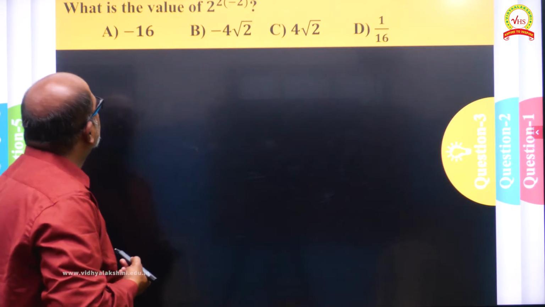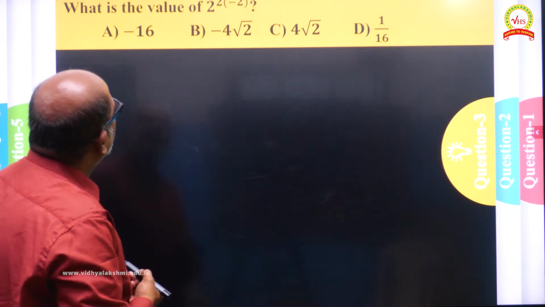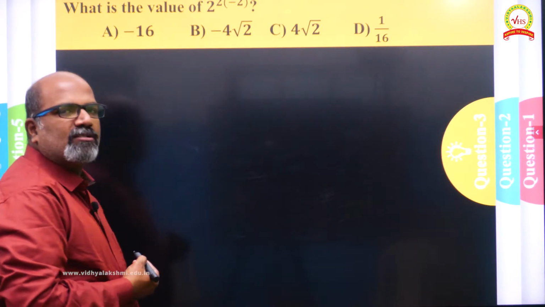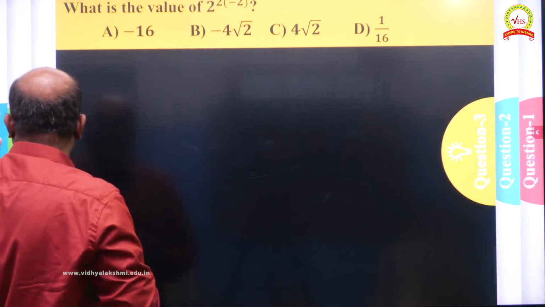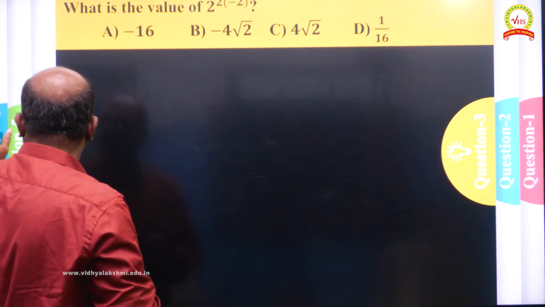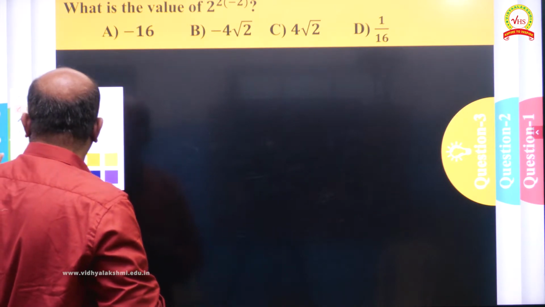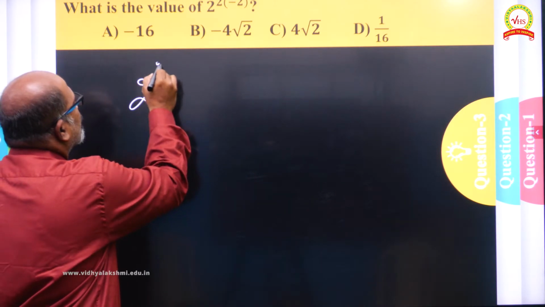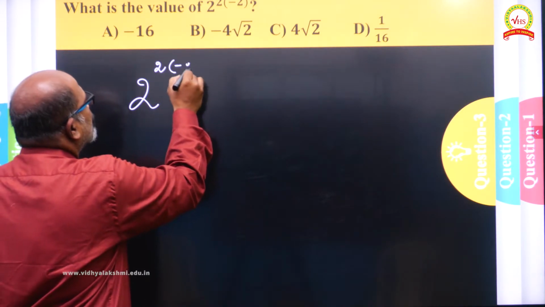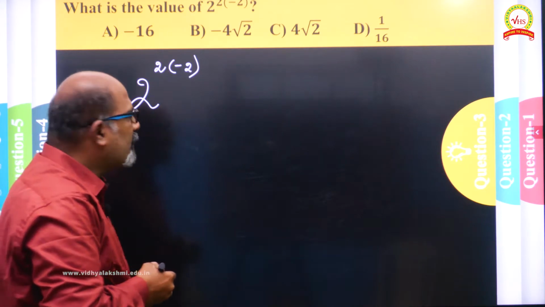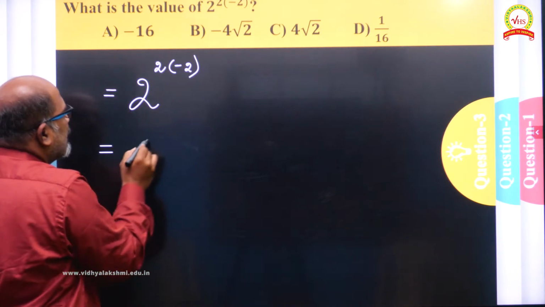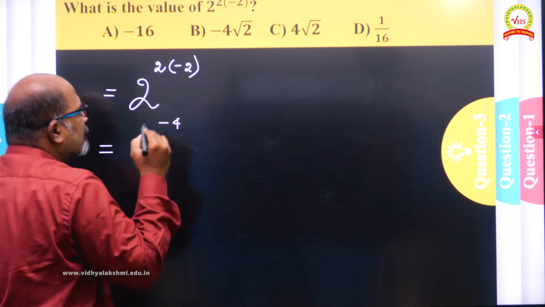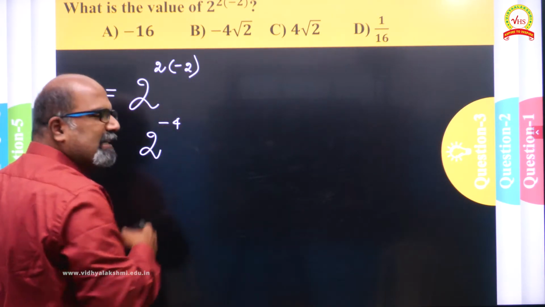Third question, you can see: what is the value of 2 power 2 into minus 2? Very simple question actually. So 2 to the power of 2 multiplied by minus 2 is given. 2 twos are 4, so we are having minus 4. 2 raised to minus 4.